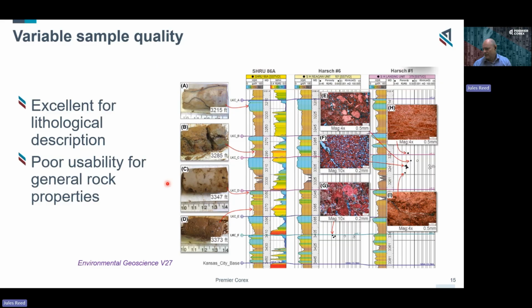This was another example. These are all available online. This was from the paper in the journal Environmental Geoscience, volume 27. You can see here on these 4 samples, this is a carbonate system. One sample is pretty reasonable, but the other 3 samples are undercored, so smaller diameter than was acquired.